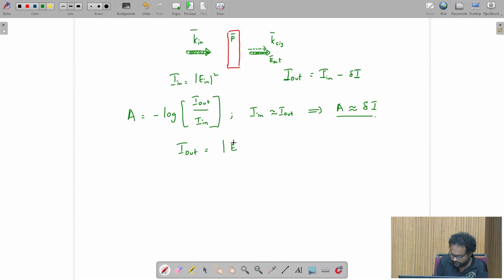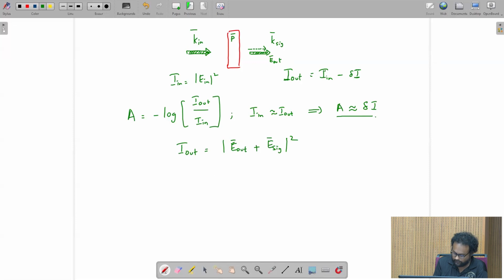your I out is E out plus E signal square, because you have two fields. The input field has gone out after absorption because you have generated polarization, and this polarization is also emitting radiation.